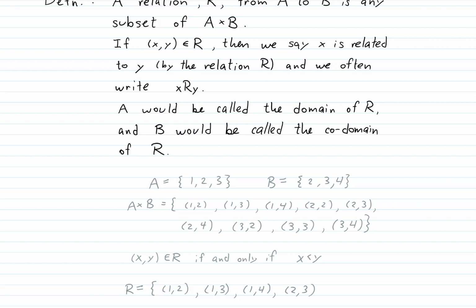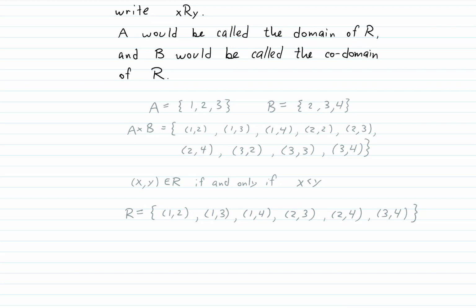And 2, 4. 3, 2 and 3, 3 won't be there, because 3's not less than 2 and 3's not less than 3. But 3, 4 will be there. So there's our relation. Okay?